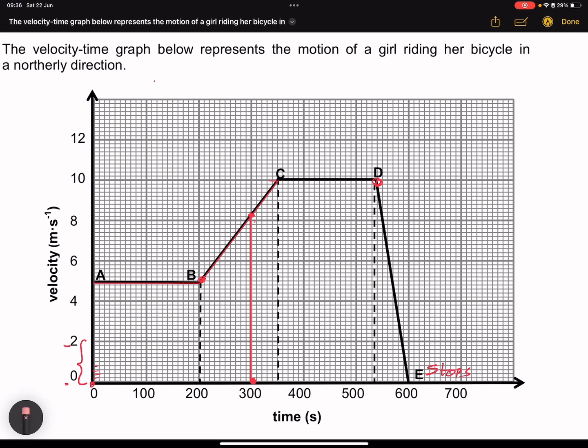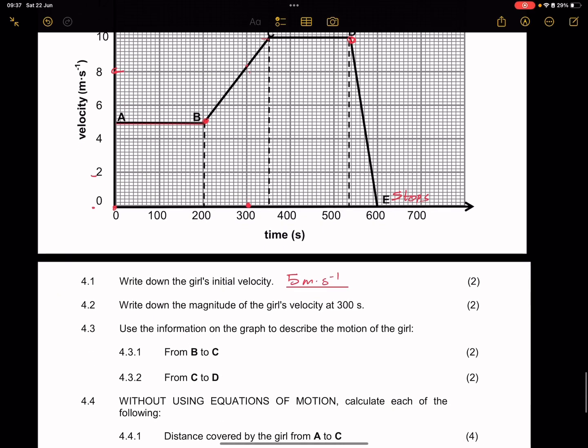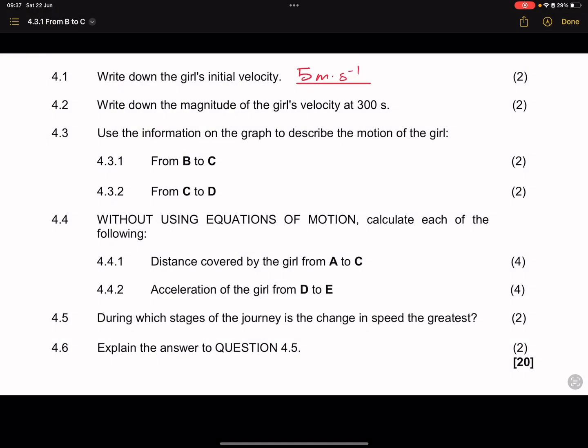In this case, we have 8 at that point there, and it goes one step up. Well, I think it edges between 8.2 and 8.4, so I'll just say 8.4. So we know that the velocity at 300 seconds was 8.4 meters per second.